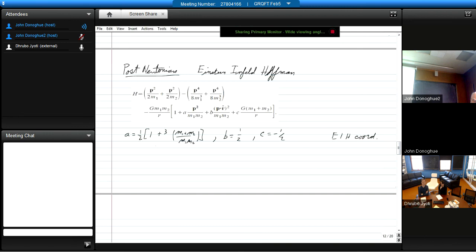For example, a particular coordinate transformation, I'll make it small: R goes to R (1 plus alpha G (M1 plus M2) over R).